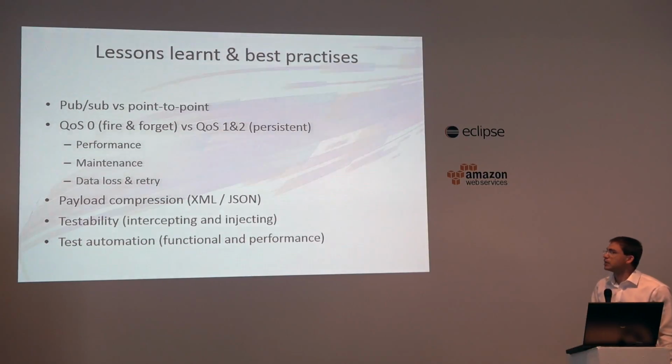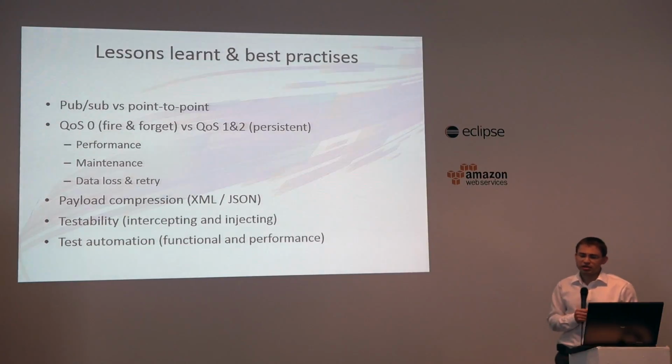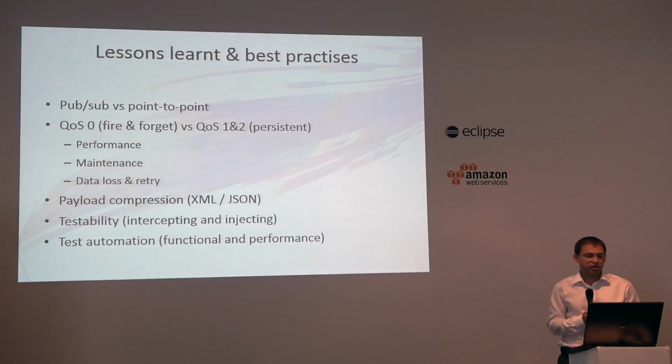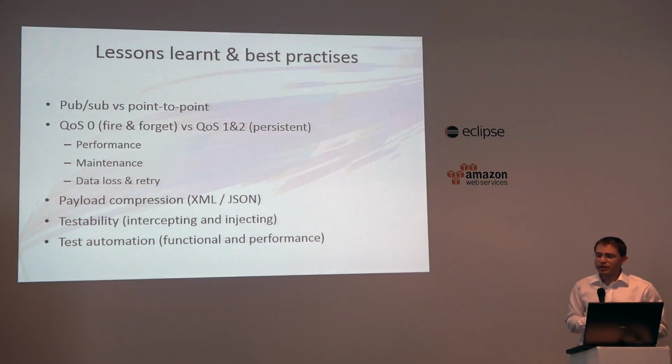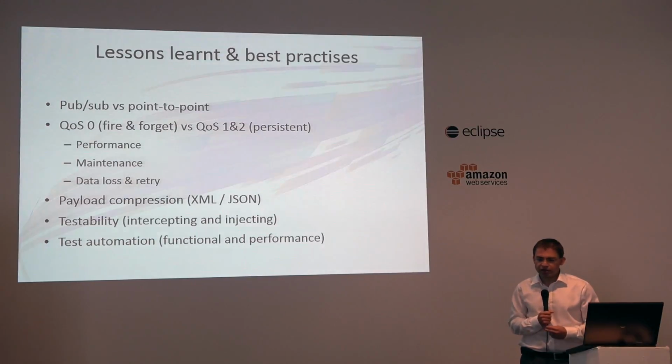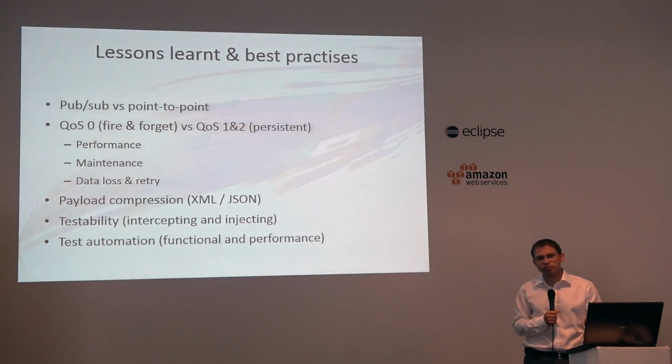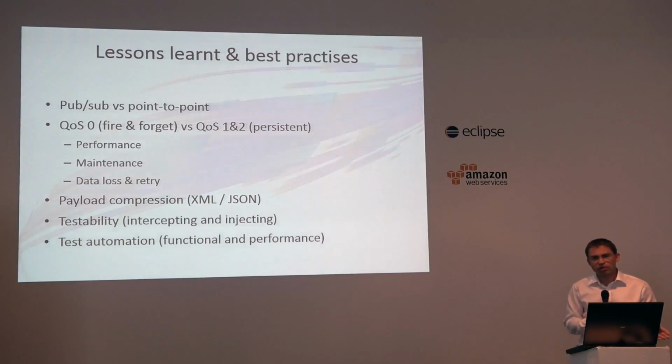And finally, I wanted to take you through some of the lessons learned and best practices. When we were architecting the system in the first place, we were considering various messaging options. One of the choices at the time was publish-subscribe versus point-to-point. A key thing to take into consideration is that with pub-sub, so one-to-many communication as opposed to point-to-point, you allow for adding new consumers of the data that you already have.